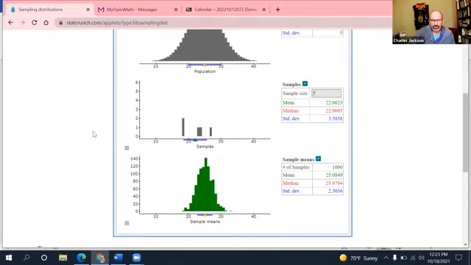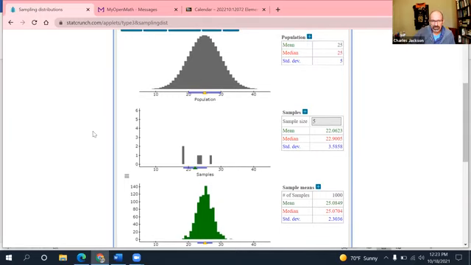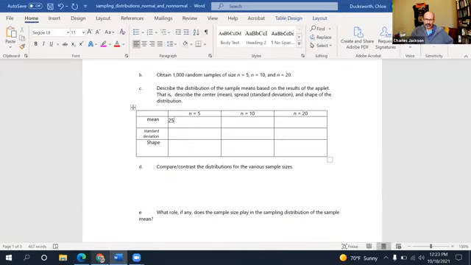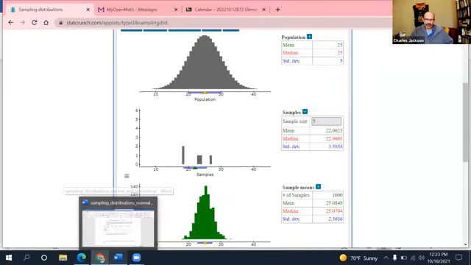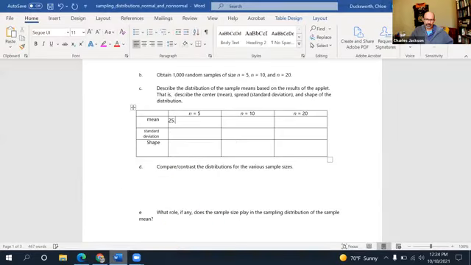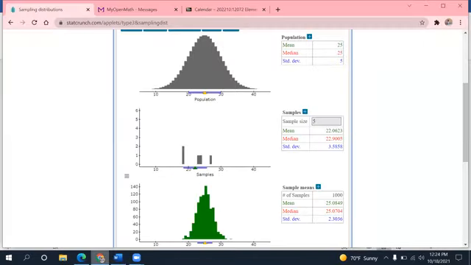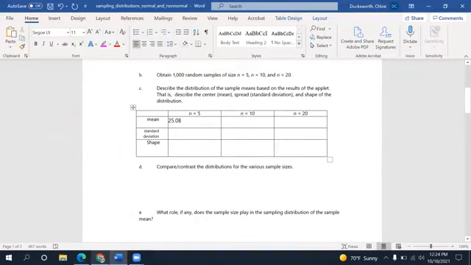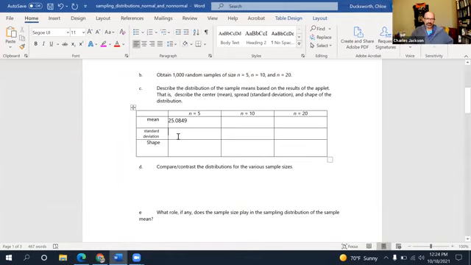And then once we got this new distribution, it has these sample stats, a new sample mean and a new sample standard deviation. That's right, right? Yes.